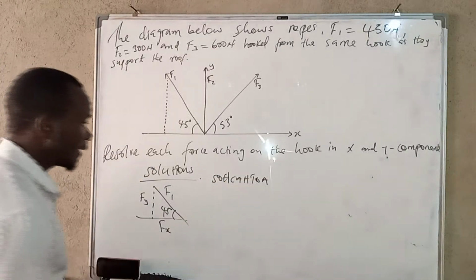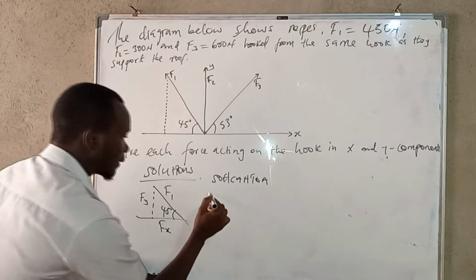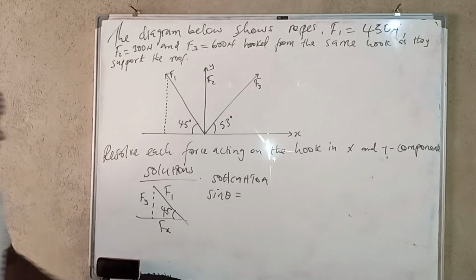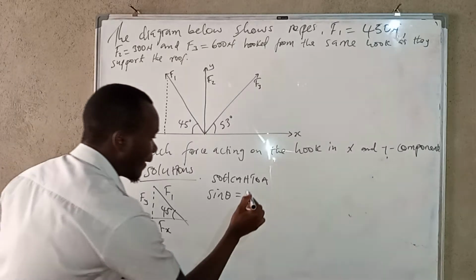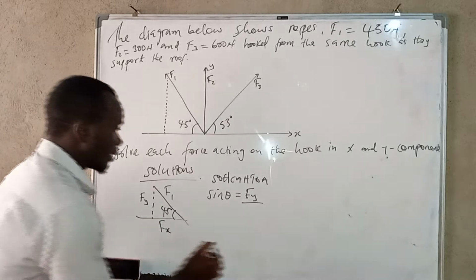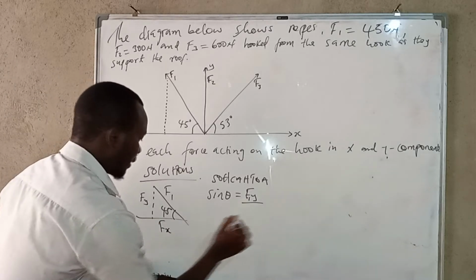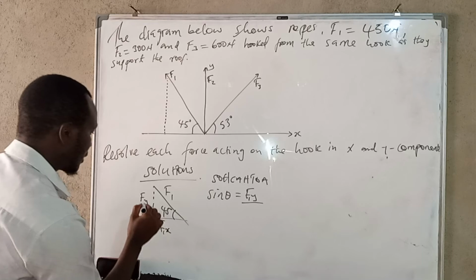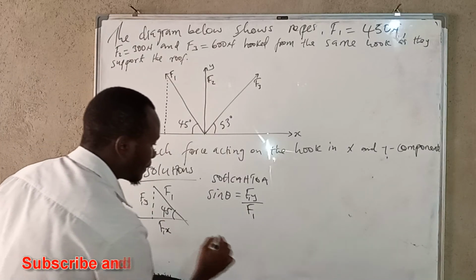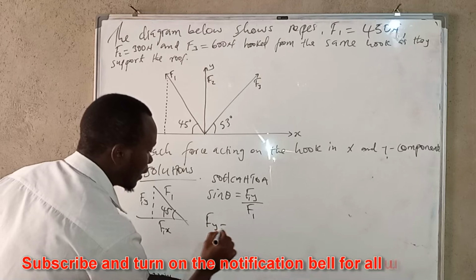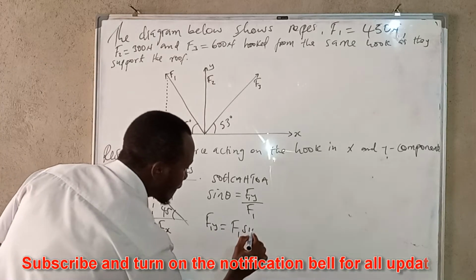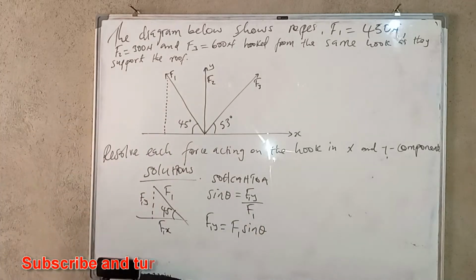that sine is equal to opposite over hypotenuse. So sine theta is equal to opposite, we have F1y, over F1, so that F1y will be equal to F1 sine theta.